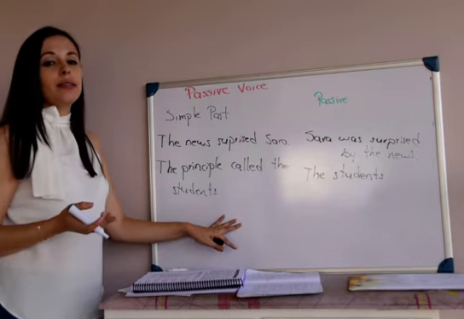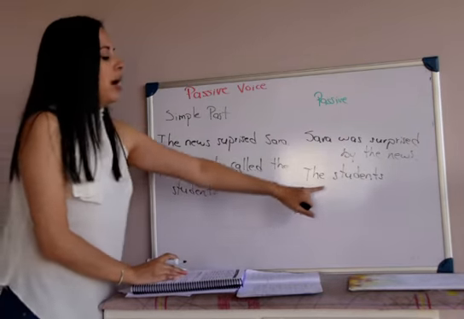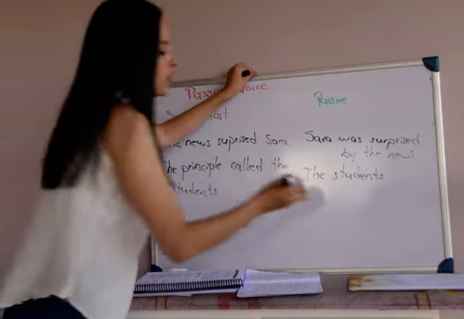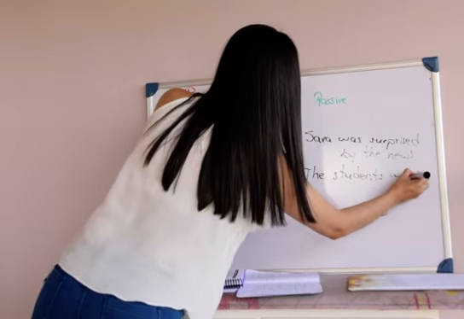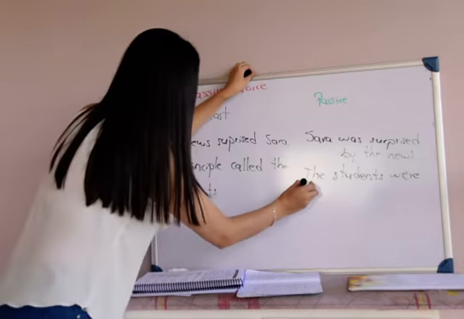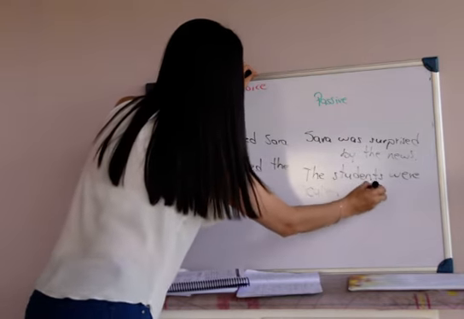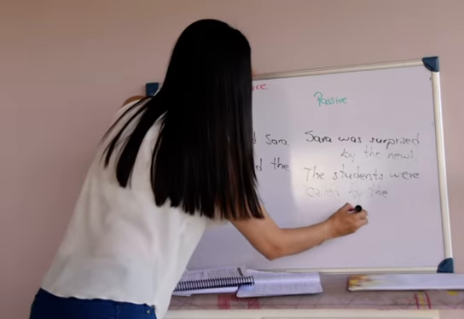We need the verb to be in simple past. We have a subject in plural, so we use the past of the verb to be in plural, which is were. The students were called by whom? By the principal.